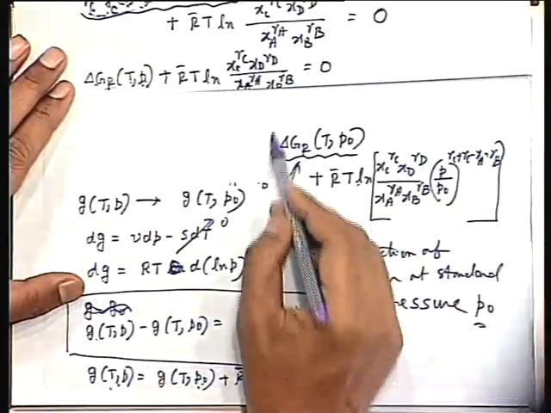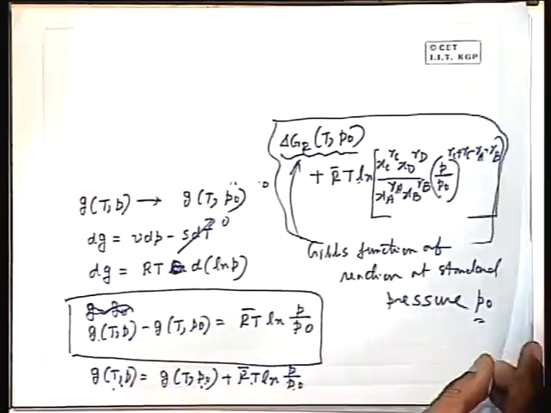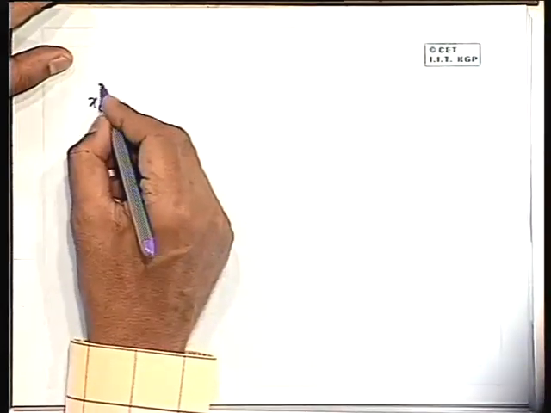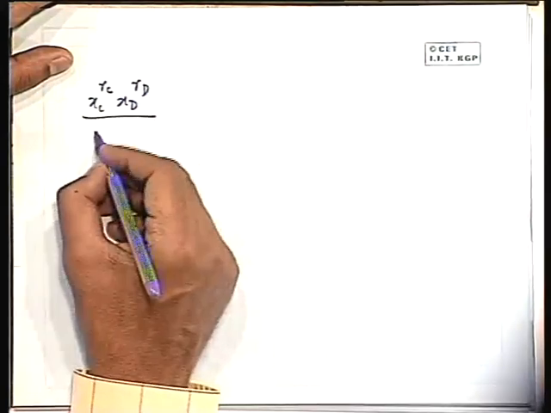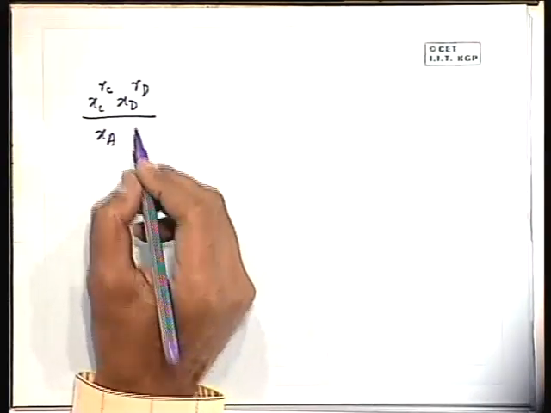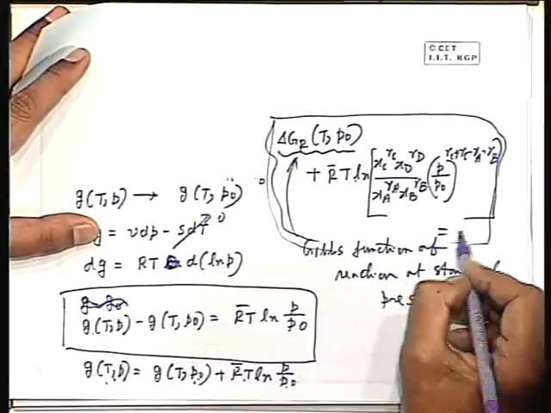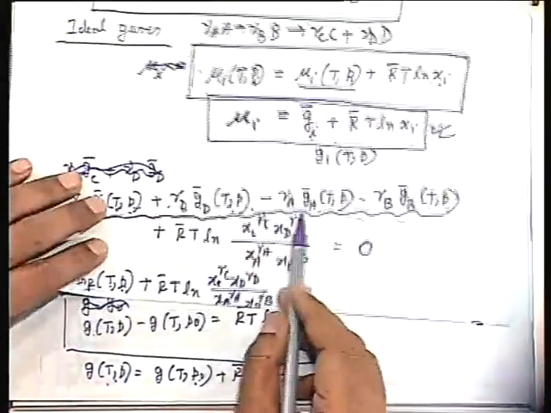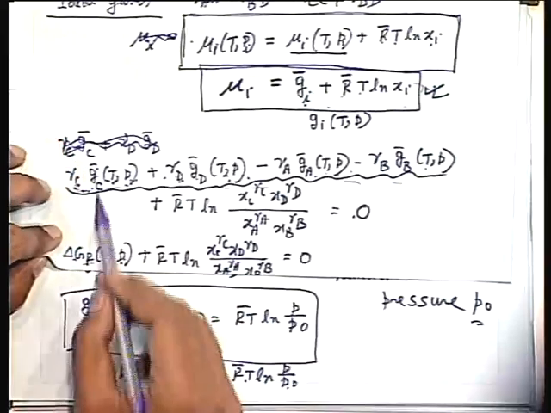Okay, the little algebraic thing will do that. Then if you recollect this, we can write X_C to the power gamma C, X_D to the power gamma D in a different fashion. The space is small, and this expression is always equal to 0, because I am substituting this one in here.